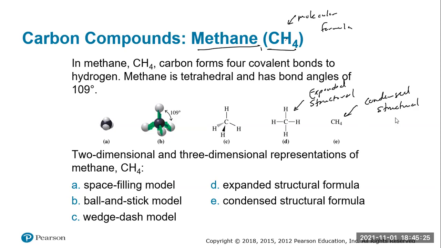Condensed basically just means you don't draw out the hydrogens. That's the only difference between these two. There are a few others. This is space filled. This is ball and stick, like you were making models. This is a 3-dimensional wedge type drawing where the dash line means it goes behind the page, and the wedge comes out of the page at you in 3-dimensional space.